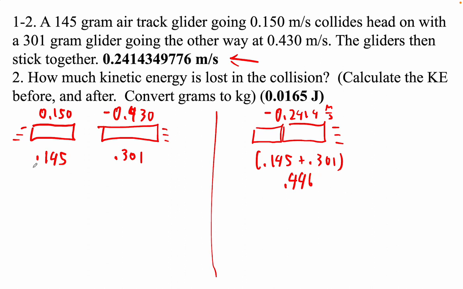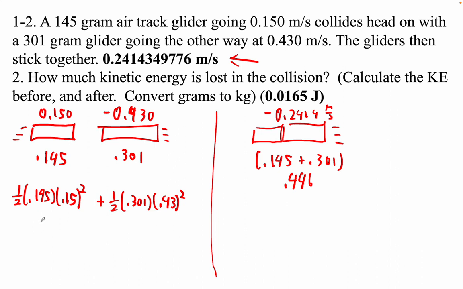right? So what we're going to do is we're just going to add up the kinetic energy here. So 1/2 0.145 times 0.15 squared plus 1/2 0.301 times 0.43 squared, right? So let's do that.